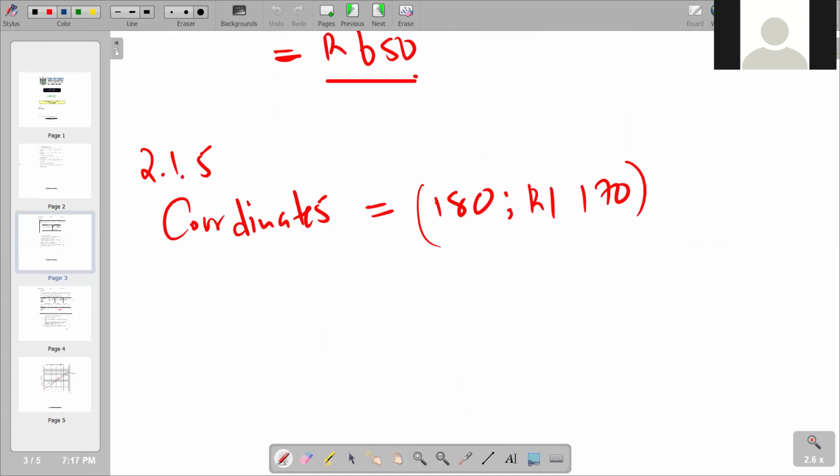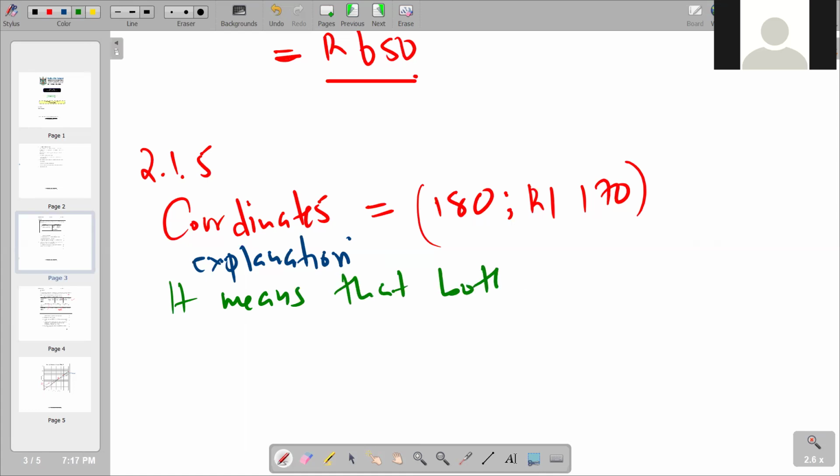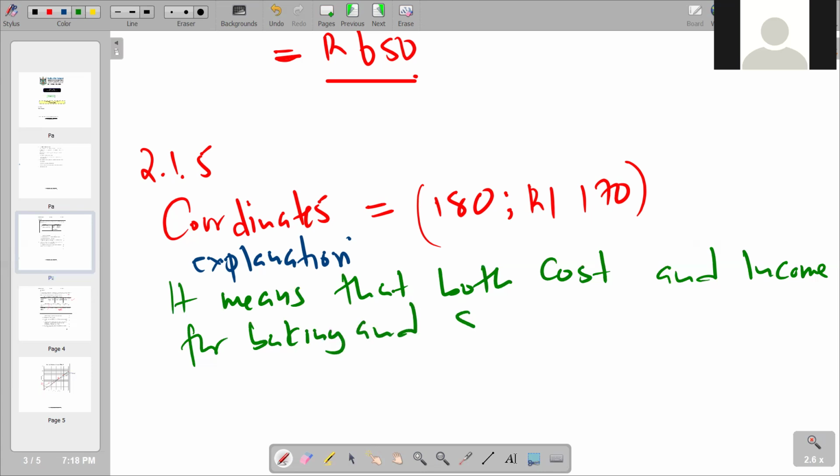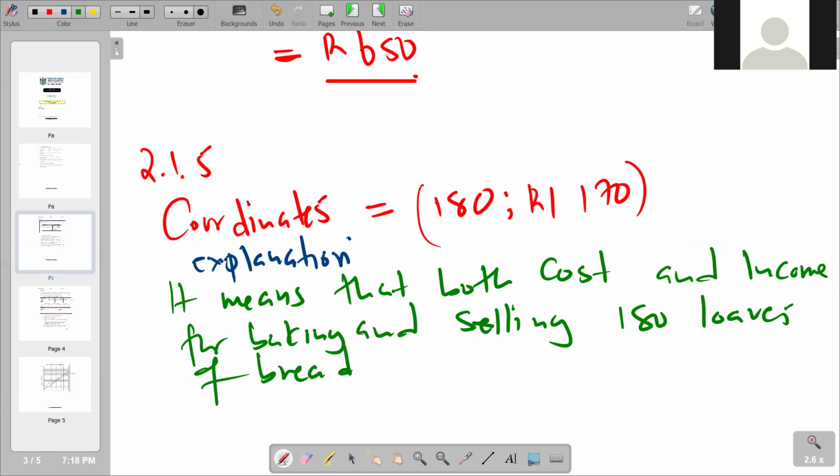So on the explanation part, we are saying it means that both cost and income for baking and selling 180 loaves of bread is 1,170.